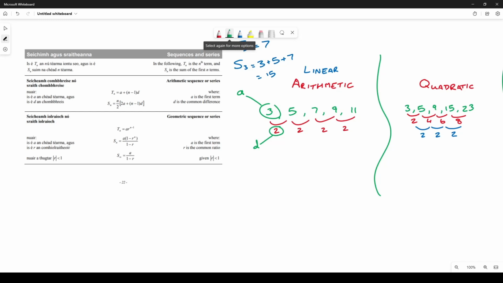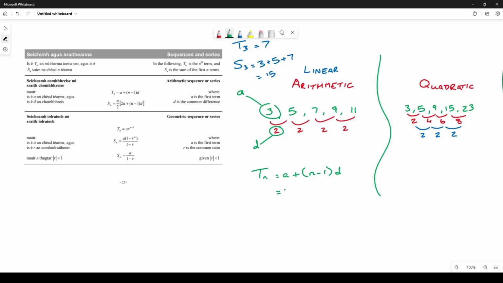So what I would do to find the Tn for this specific list of numbers, this 3, 5, 7, 9, 11, if they give you a different list of numbers, it's going to be just a different Tn altogether. What you would do is just do Tn equals, and then I'm going to write down the formula here just so you can see exactly which one I'm doing, but it's in the log tables, it's fine. And you just sub in the relevant letters.